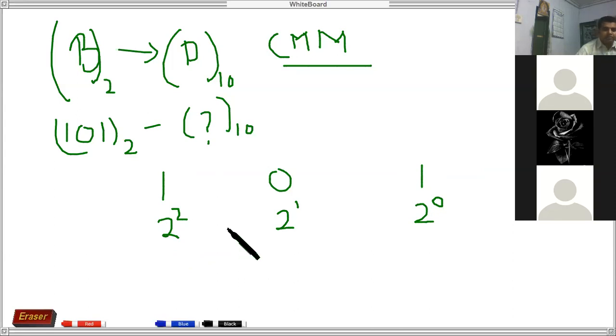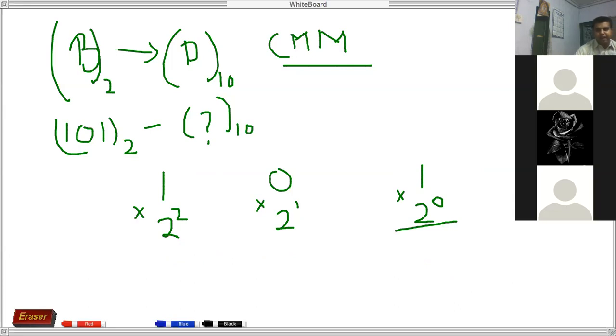Have you all written? Yes, sir. 2 to the power 0, 2 to the power 1, 2 to the power 2. Now we will perform multiplication. 2 to the power 0 is how much?